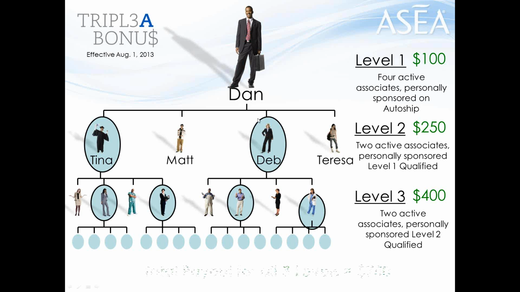So now that's a total of $750 that Dan is getting. And once again, if you add the other commissions, more realistically you're probably looking at $900 to $1,000 a month minimum is what Dan would be earning if just this happened alone.